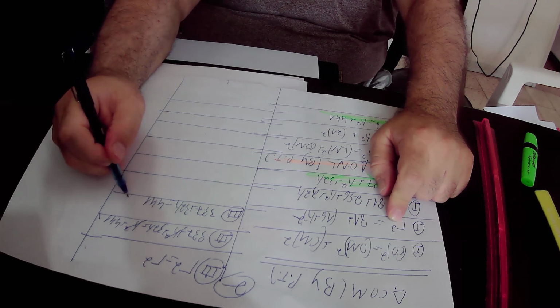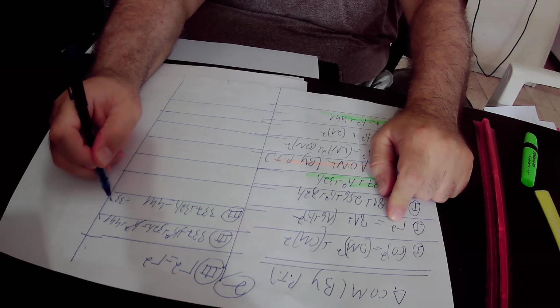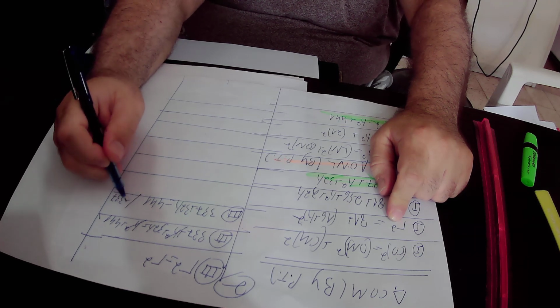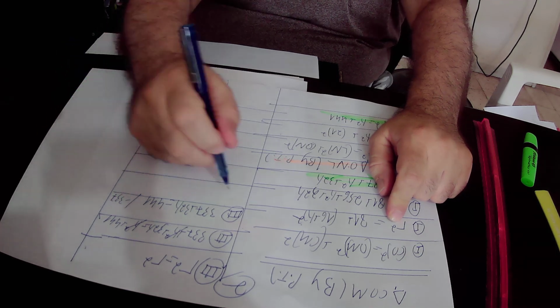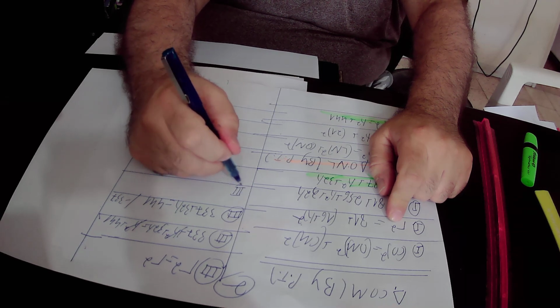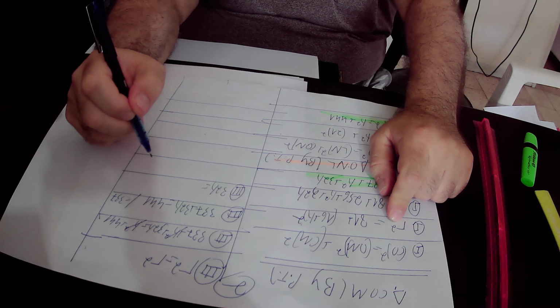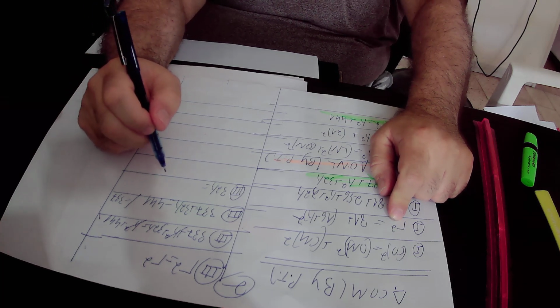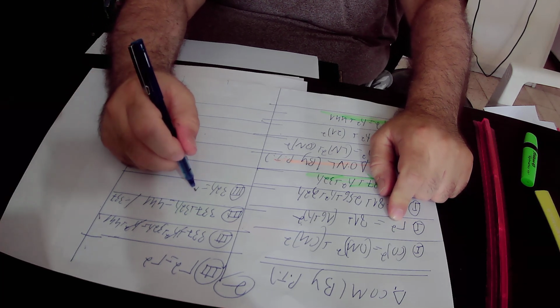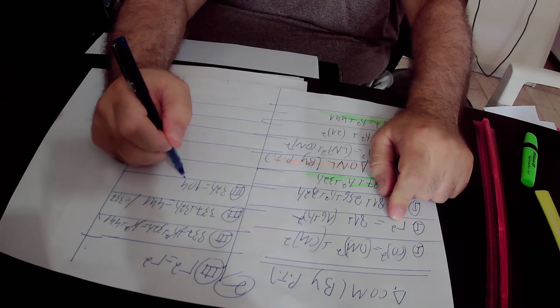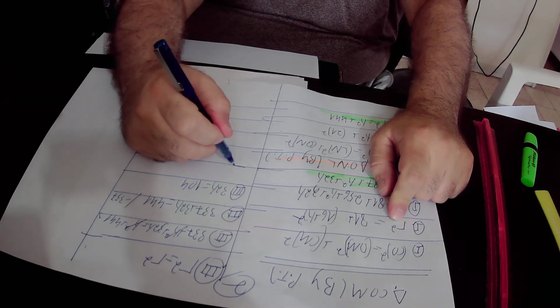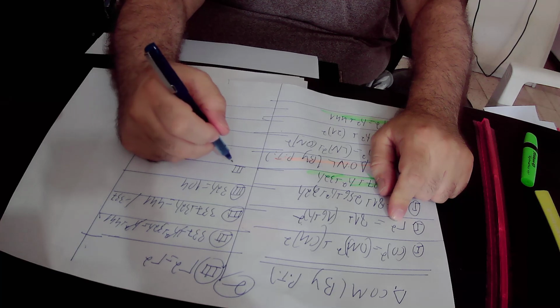Here we subtract 337 from equation number 3, and we get that 32H equals 441 minus 337, which is 104.